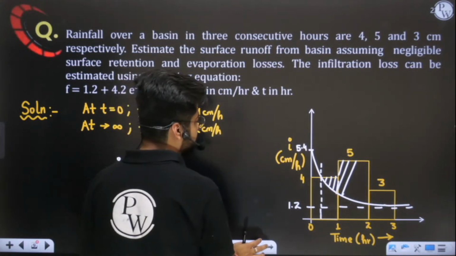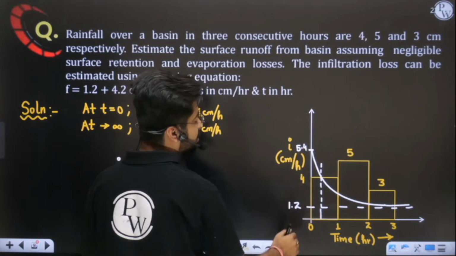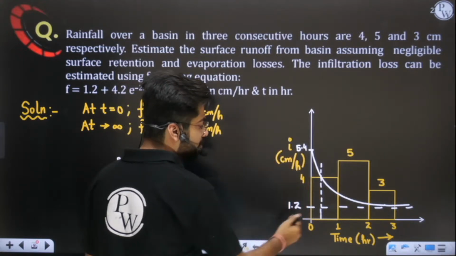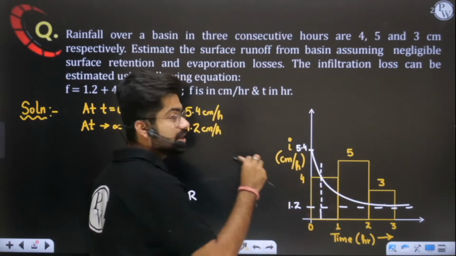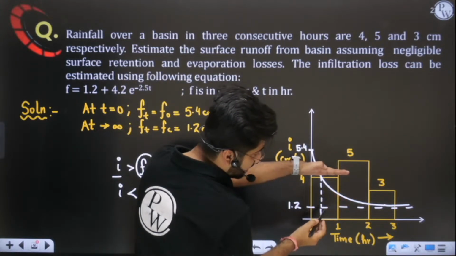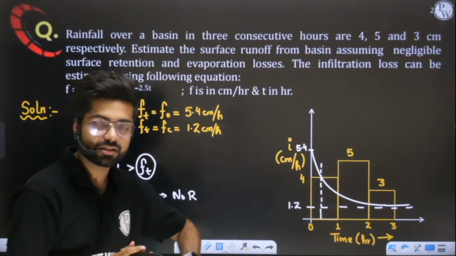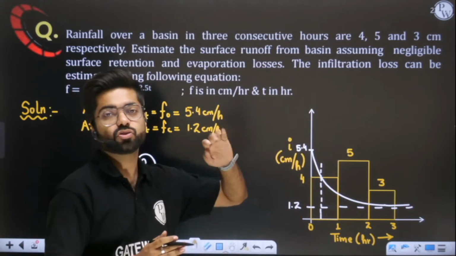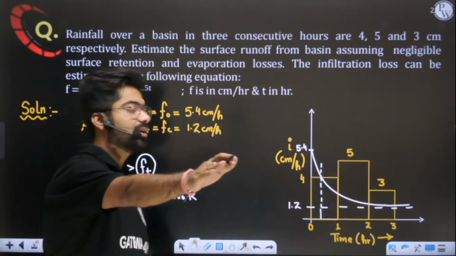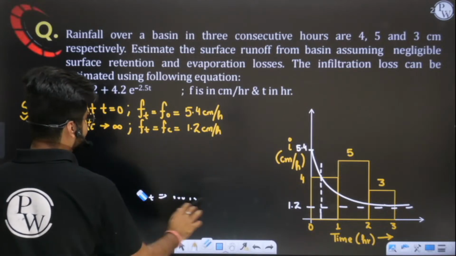So before this time period t, we have no runoff, but immediately after this time t, I will see runoff. Why? Because the intensity line is coming above the infiltration line. Infiltration is less, intensity of rainfall is more. So when we have more rainfall, only then will runoff be there. Okay, sir, understood, this is very clear to me.